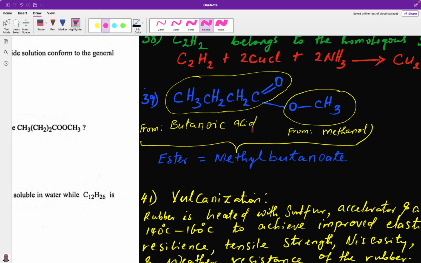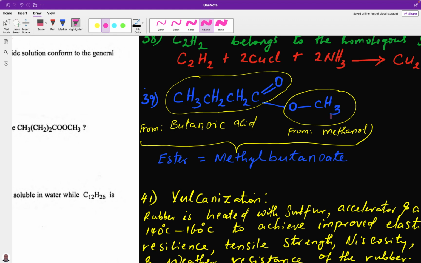In naming esters, we have to start with the alkyl group that comes from the alcohol. This section comes from the alcohol, and this section is from the acid. From methanol, the alkyl group is the methyl group.